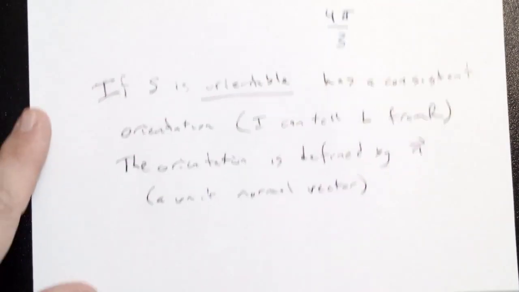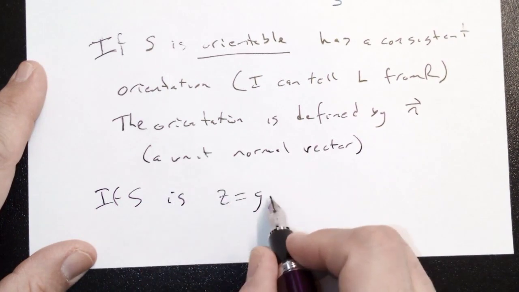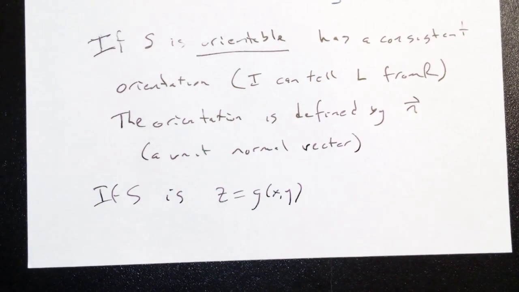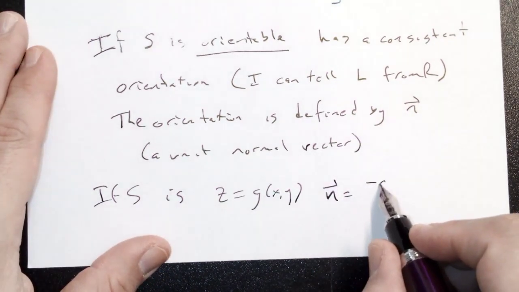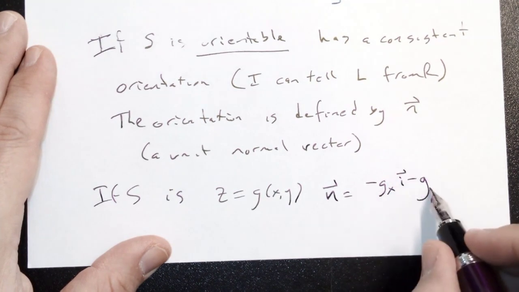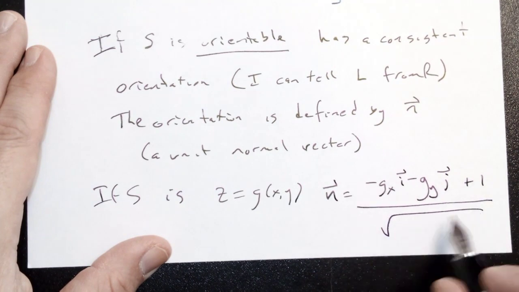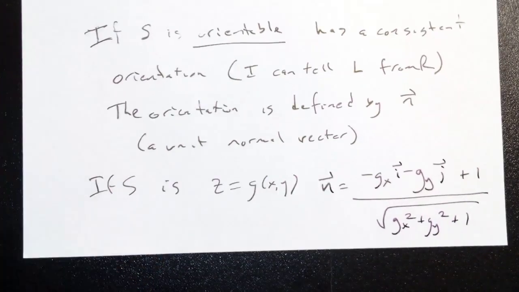If my surface is a function, then the normal vector comes from, hey, that's a familiar looking thing.